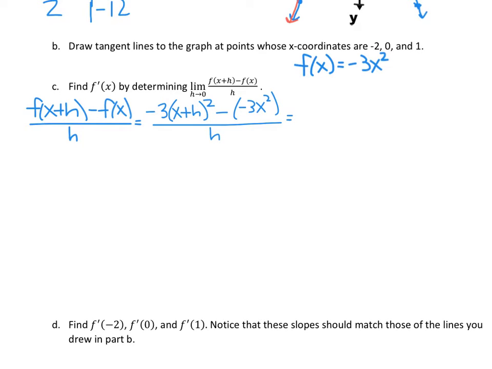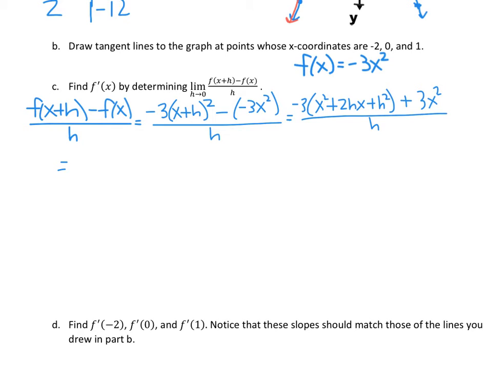So we're going to have negative 3 times x squared plus 2hx plus h squared. That's what we get when we multiply the x plus h squared out. And then we have minus negative 3x squared, which is going to become a positive 3x squared. And then this is still all over h.